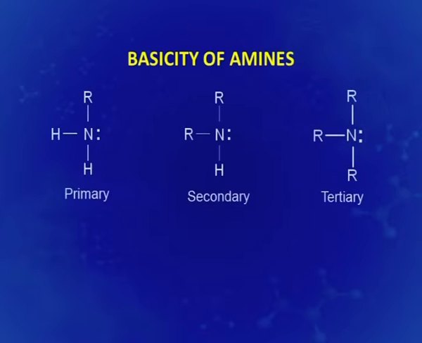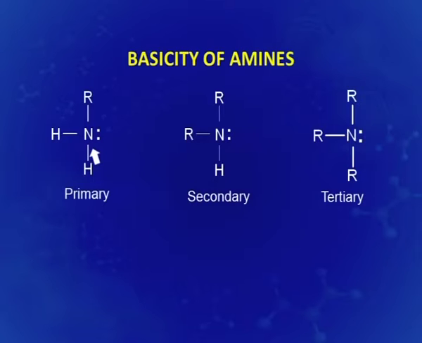So, to see how basicity varies in case of amines, which we consider as highly basic, let us take the example of alkyl amines, wherein we have one alkyl group, two alkyl groups, or three alkyl groups. You know that the amine with three alkyl groups is called a tertiary amine, the one with two is called a secondary, and the one with one is called a primary amine.